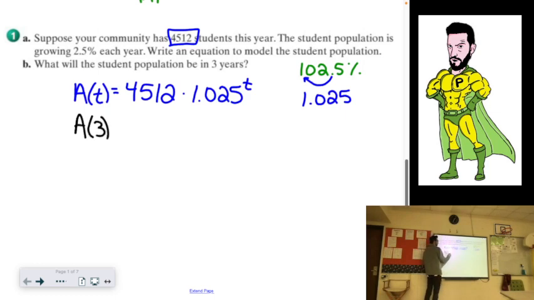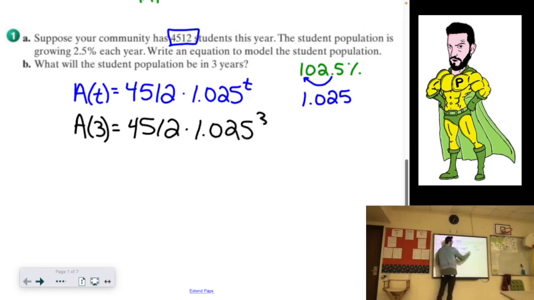What will the population be after 3 years? Do the exponents first. 1.025 to the third, long decimal, times 4512. Now, we get 4,858.9. You're not going to have 0.9 students, so you would just round this one to the nearest whole, which would be 4,859.